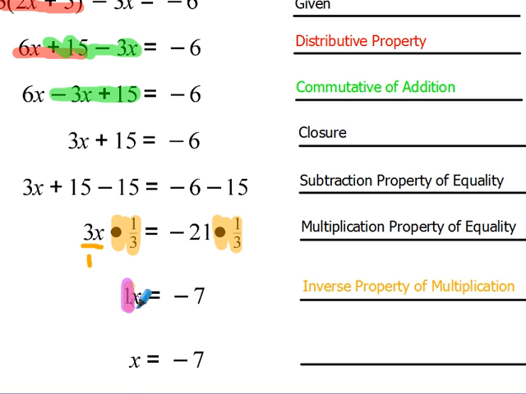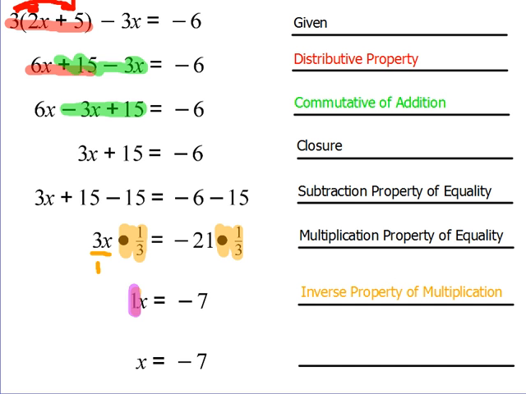Since that x stayed the same, we know that that's the identity property, because anytime you do something to a problem and it stays exactly the same, you know it's the identity. And since we were multiplying, we call it the identity property of multiplication.